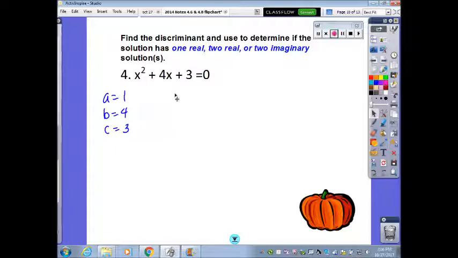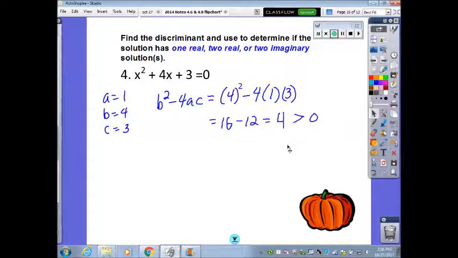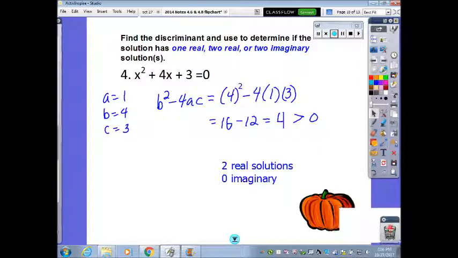Now we're going to plug this into the discriminant formula, b squared minus 4ac. So 4 squared minus 4 times 1 times 3. That's going to give us 16 minus 12, which is 4. The 4 is your discriminant. Since our 4 is positive, greater than 0, that means we have 2 real solutions and 0 imaginary solutions.